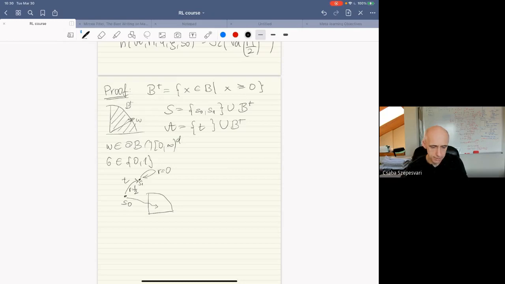And the thing there is going to be similar to what we had before, except that the dynamics is a little bit funkier. So the dynamics is going to depend on W. And if you're at state S, then the next state distribution is going to be either a Dirac, that is just the action that you chose.